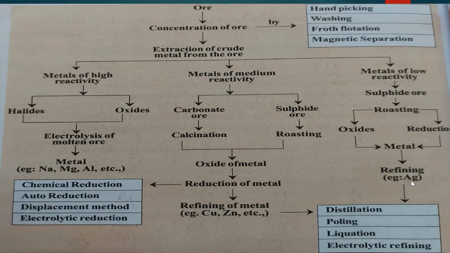For example, silver, gold, and platinum can be obtained by this process. They are refined by the methods known as distillation, poling, liquation, and electrolytic refining.